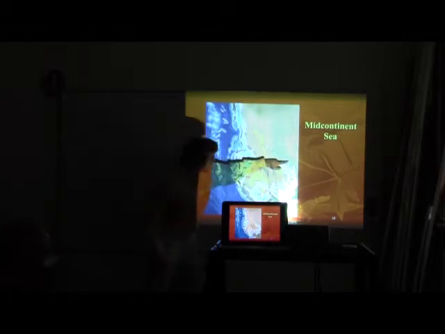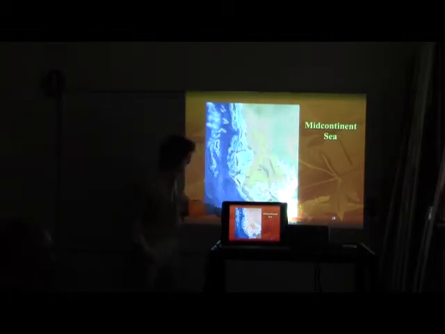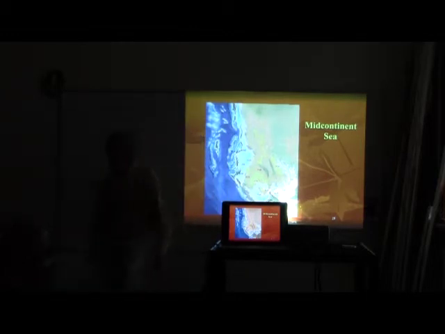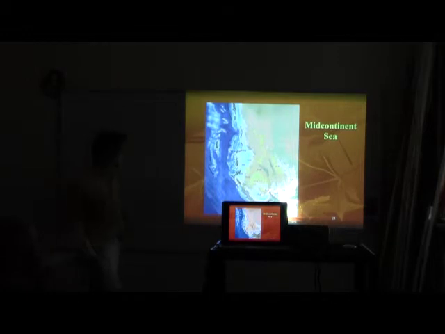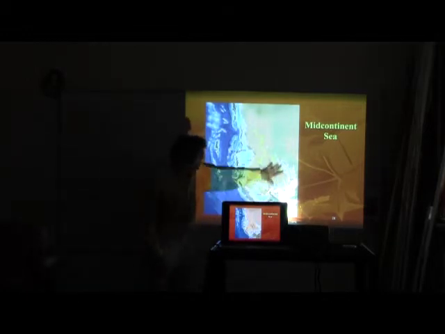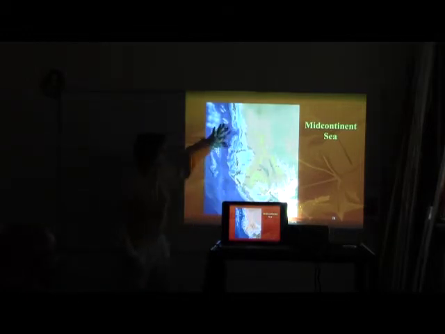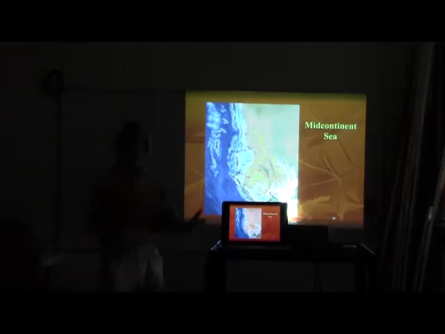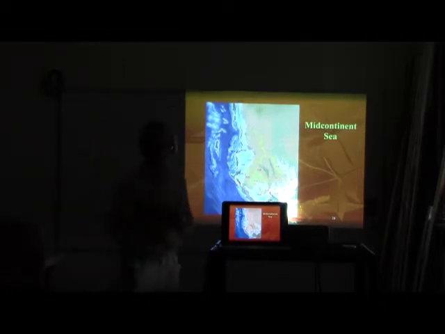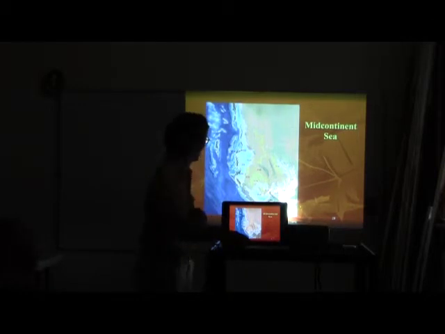It also extends all the way down here into Texas and connects to the ocean out through what's now Texas and New Mexico. So this is an idea of the topography or the paleogeography at the time the rocks were being formed here in Kansas in the Flint Hills.